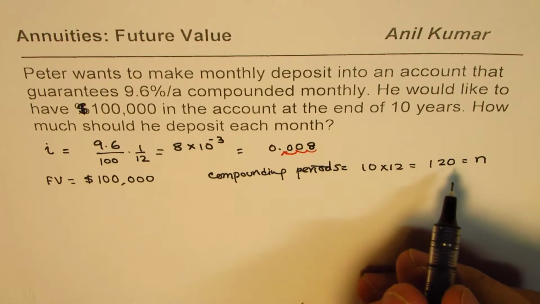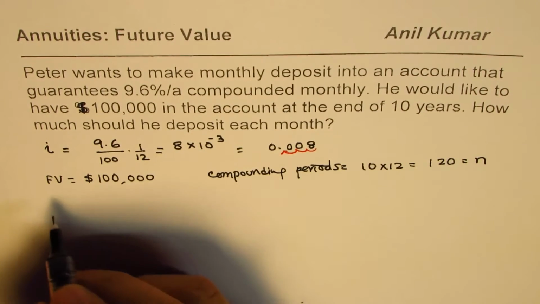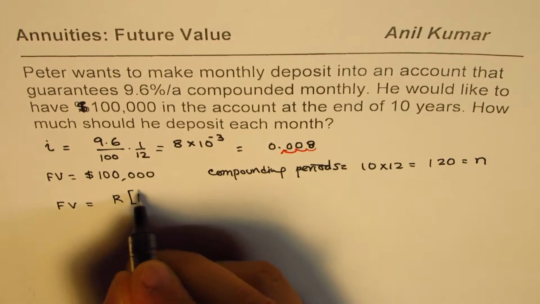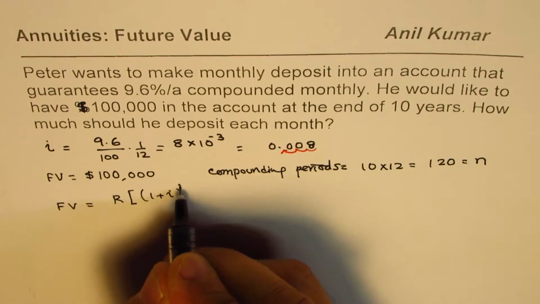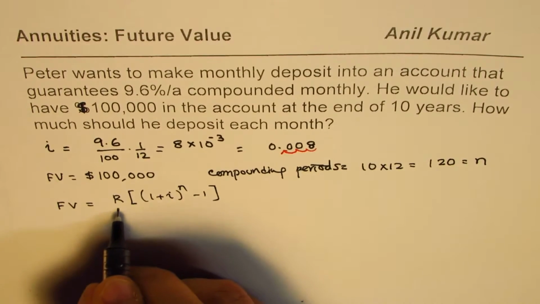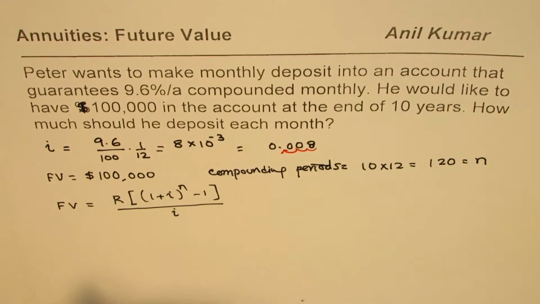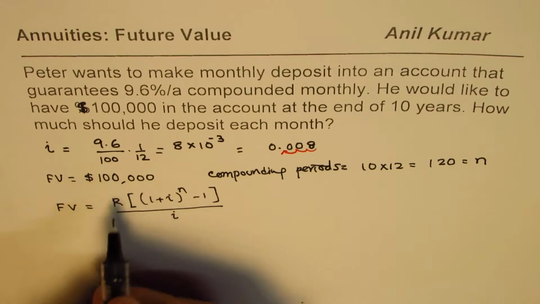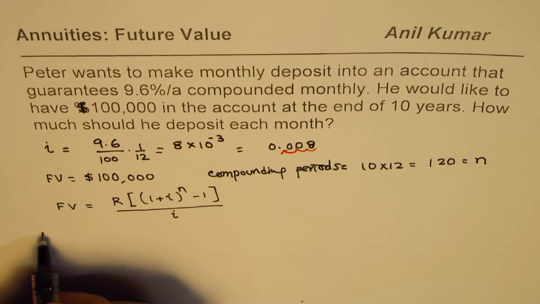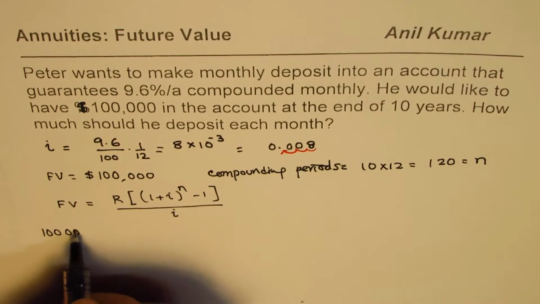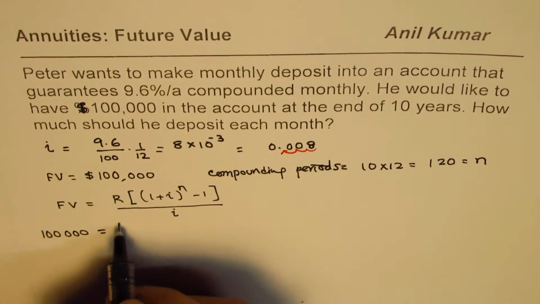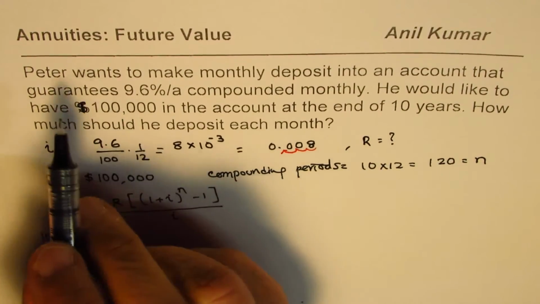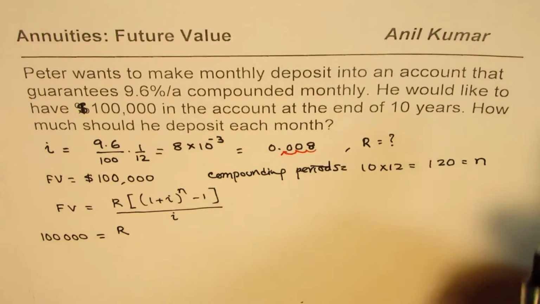So now let's write down the formula, which is future value equals R times (1 plus I) to the power of n minus 1, divided by I, right? So that is the formula. Now in this formula we know the future value, which is 100,000. So let's substitute. 100,000 equals R, which we want to calculate. Peter wants to make monthly deposits and we don't know how much.